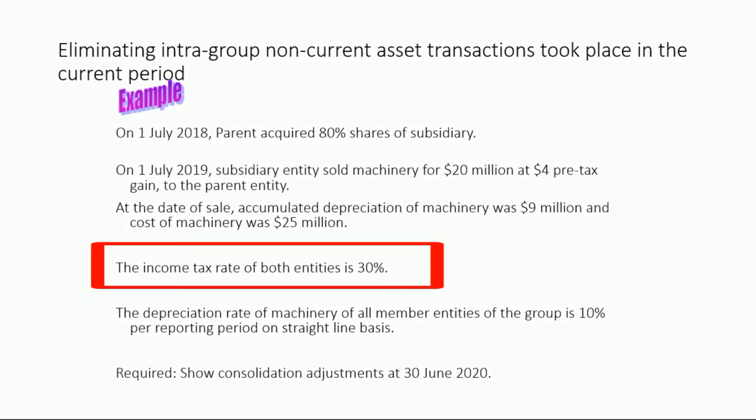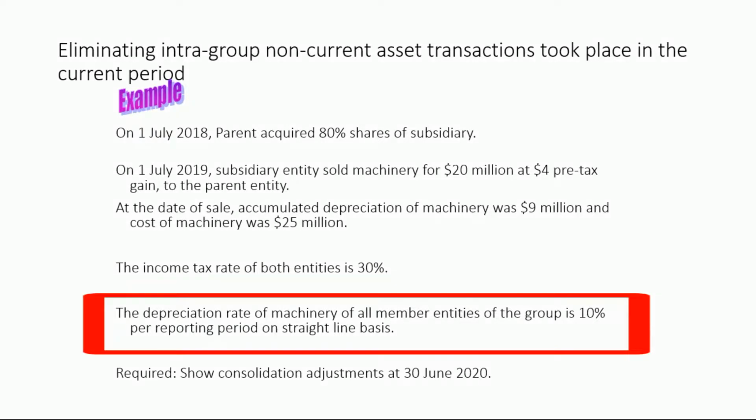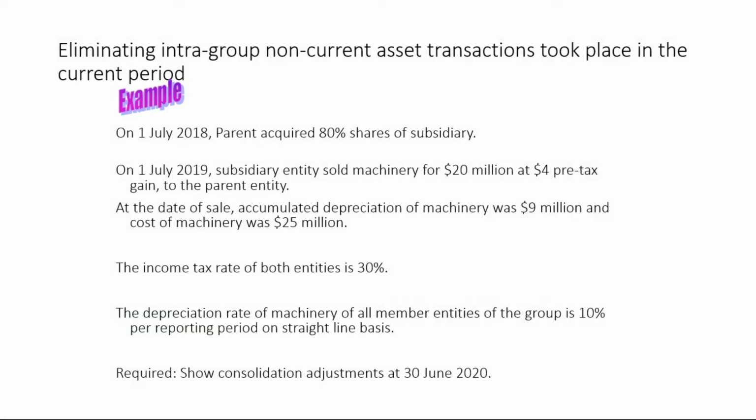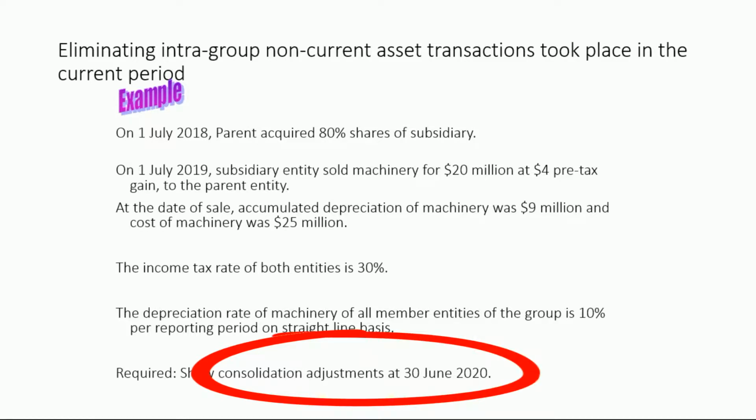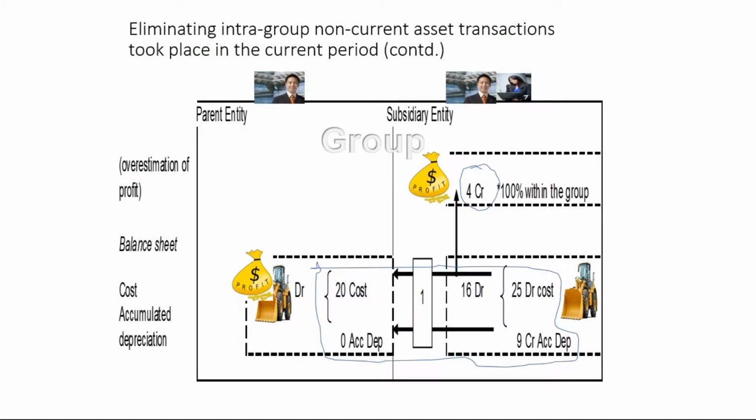The income tax rate is 30%, and the depreciation rate that's applicable to all members of the entities in the group is 10% per reporting period and applied on a straight line basis. So to record consolidation journal entries at 30th of June 2020, we can understand what has occurred in a picture form.